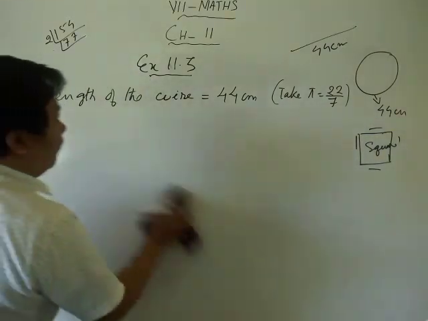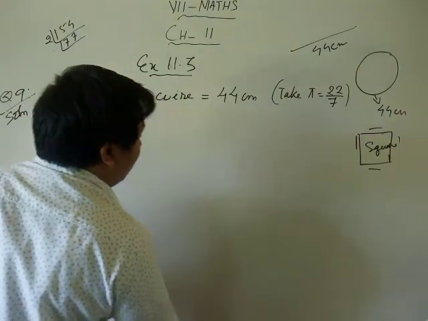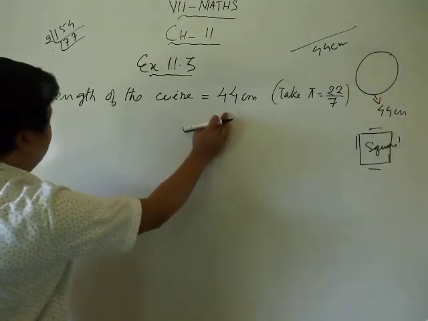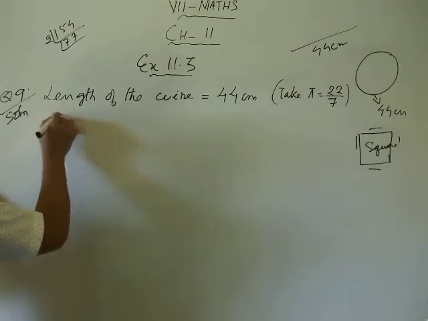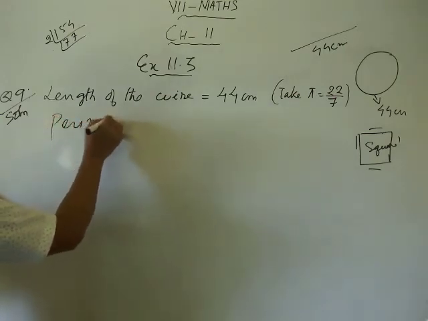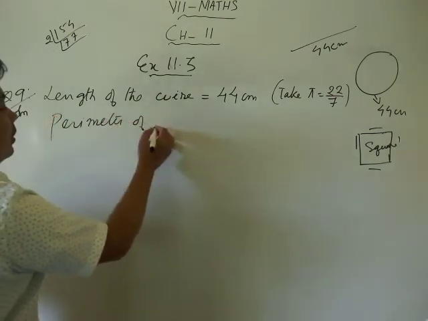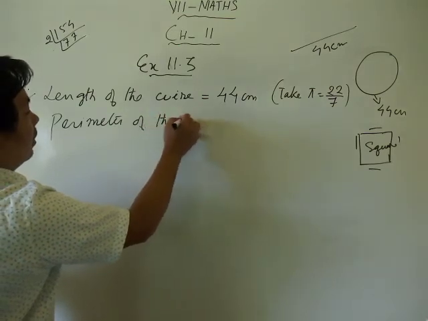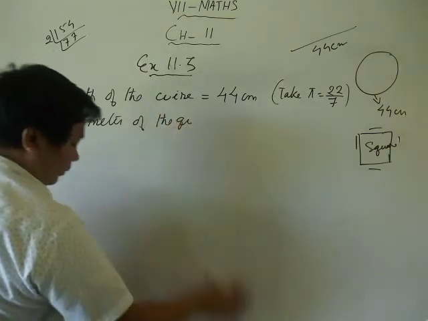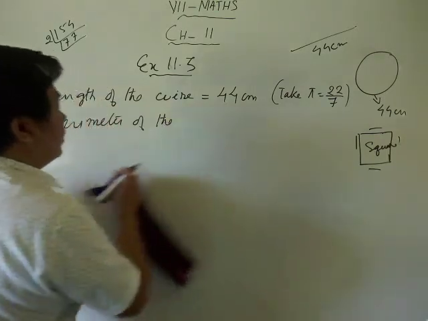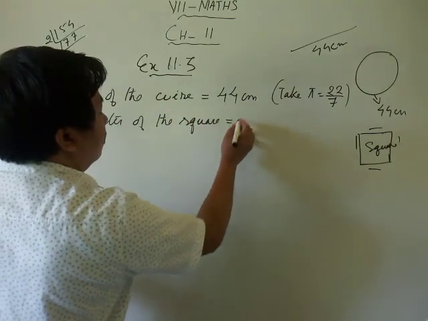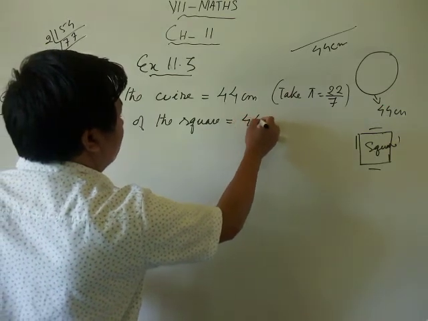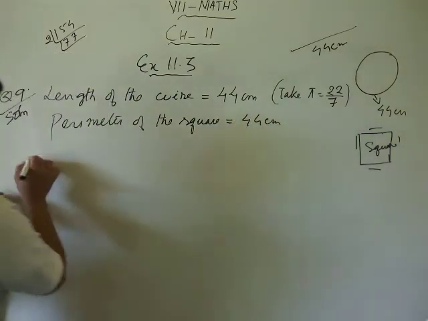See, if the length of the wire is 44 centimeter, then the perimeter of the square is equal to 44.